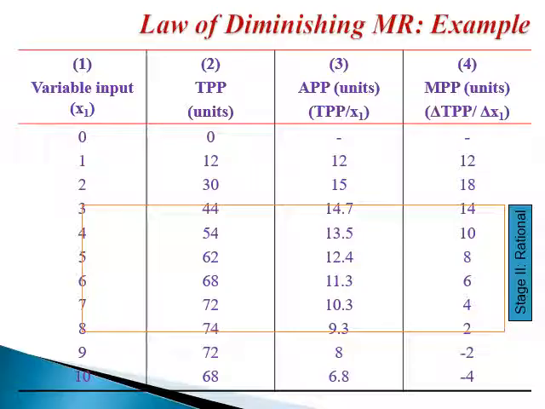Stage 2, remember, begins when APP of the variable input is at a maximum, which is when MPP is equal to APP, and it ends when output, or total physical product, is at a maximum, which corresponds to a marginal physical product of the variable input, MPP of x1, equal to 0. All the economics is within stage 2.